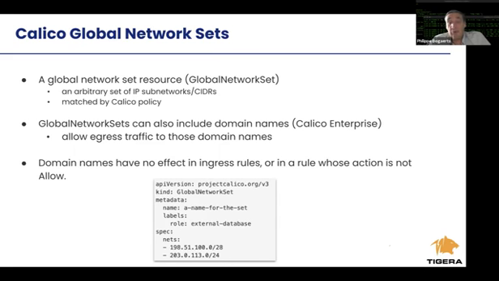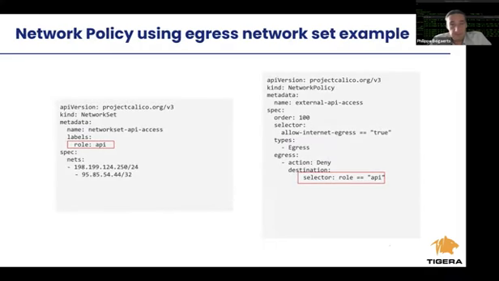So the global concept in Calico is pretty intriguing, and global network sets are also allowed in the open source edition. This is how you would do this. You can create a network set, which is a list of IP addresses of services I own.